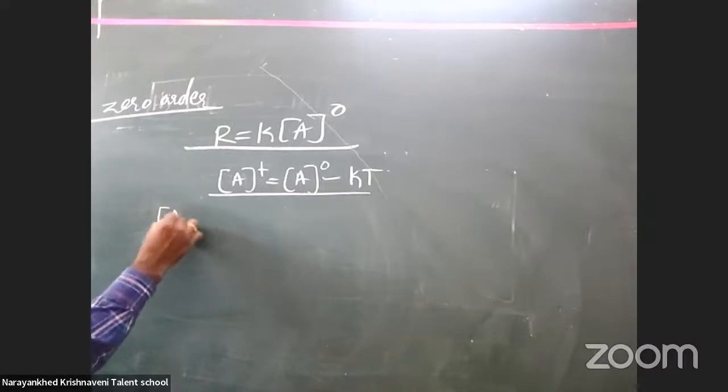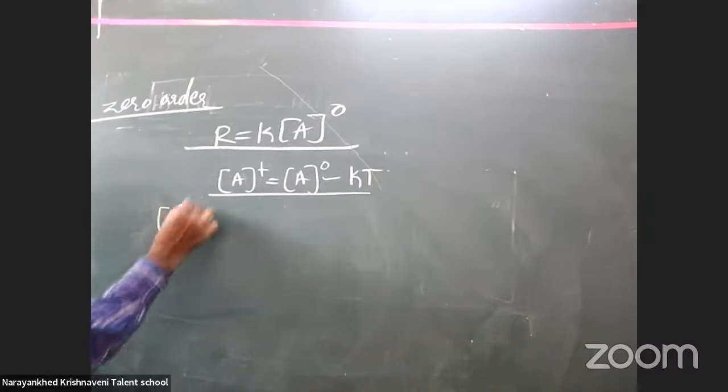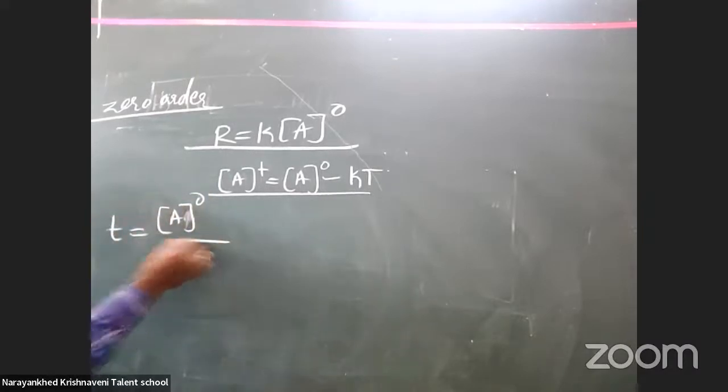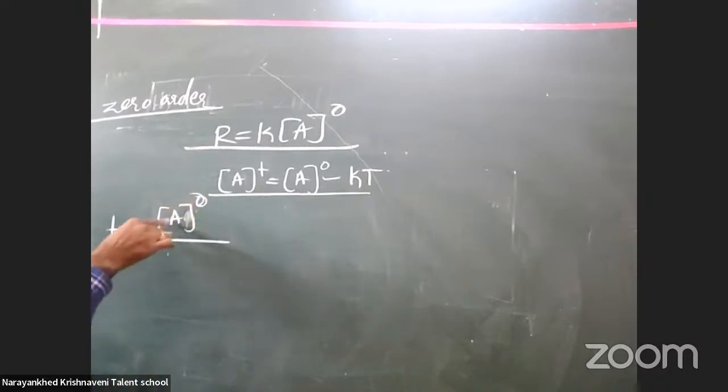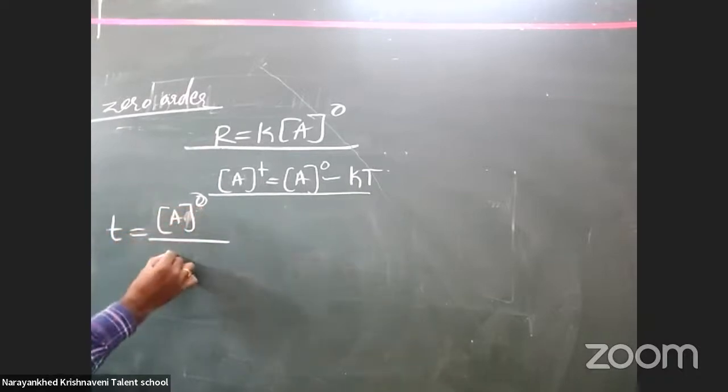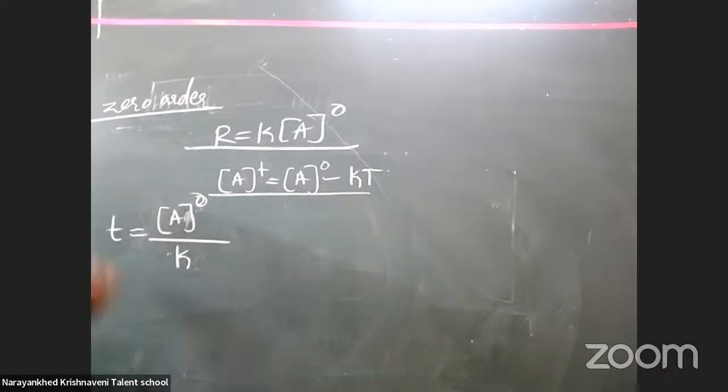The time taken to complete the reaction is the concentration at time zero, for zeroth order, divided by the rate constant K. This only gives us the time for the completion of the total reaction.